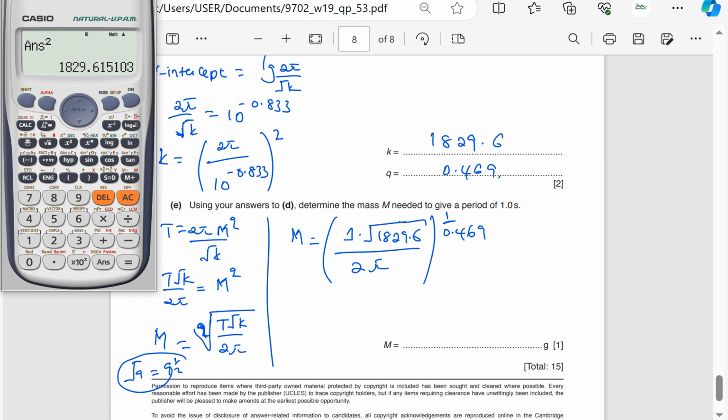Okay, so 1 second, so it is 1 times root of 1829.6 divided by 2 pi, then power, wait, which one is it?